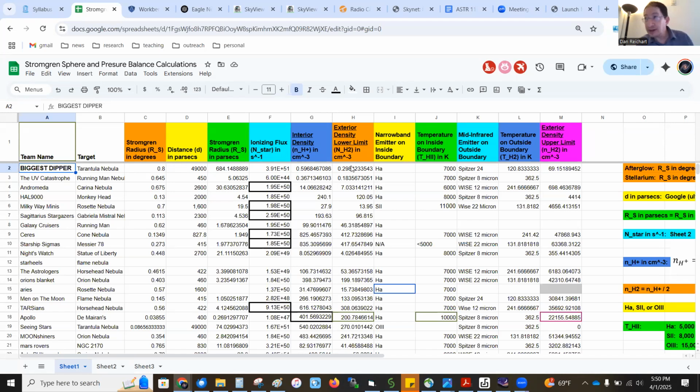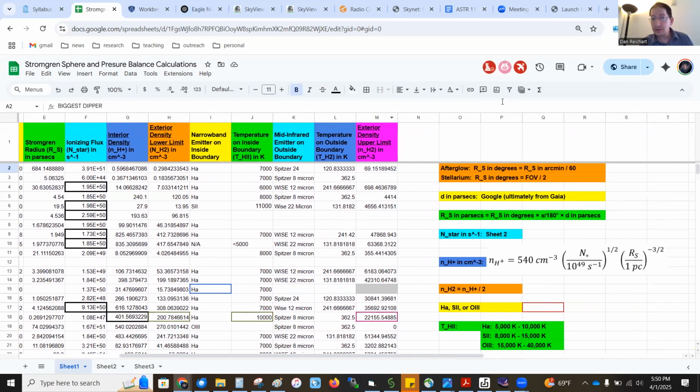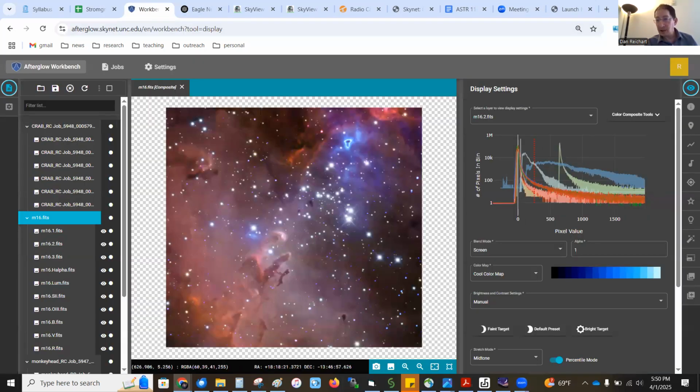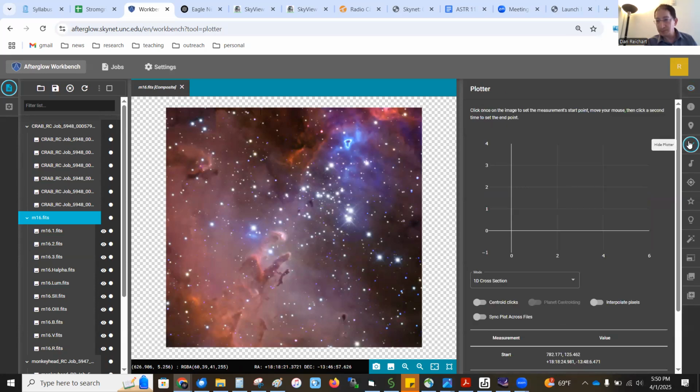That's our first calculation. And all this is for the outside density. So the Stromgren radius, how do you do it? There are two ways. And the notes are over here. If the whole region fit in your image, you can do this in Afterglow. I'll show you. I'll come here to Afterglow. I'll come down to the measuring tool.